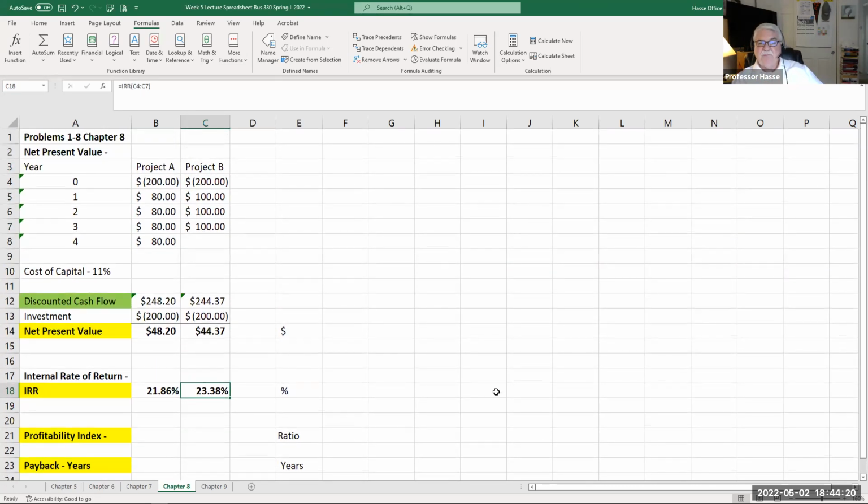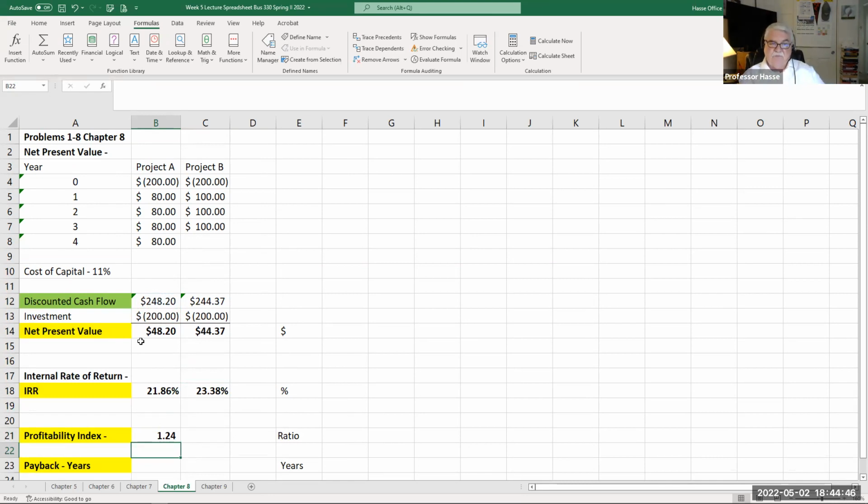What is the profitability index? Well, the profitability index is the relationship of the discounted cash flow divided by the investment. 1.24 times greater. That's a ratio.